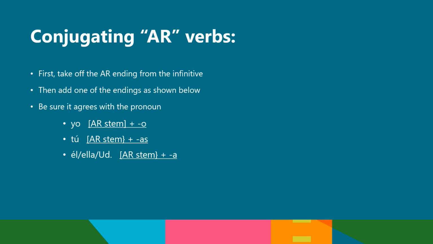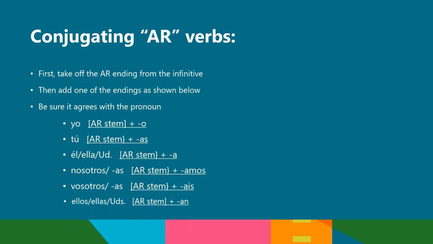For él, ella, usted, you just add an A. For nosotros or nosotras, you add AMOS. For vosotros or vosotras, you to a group in Spain, add AIS. And finally, for ellos, ellas, ustedes, add AN.